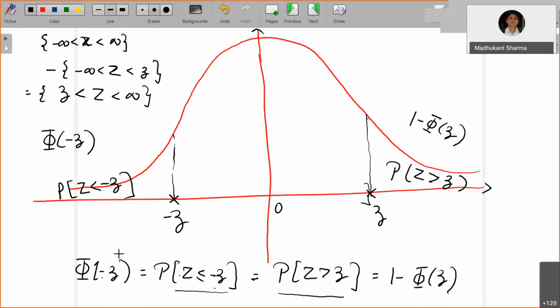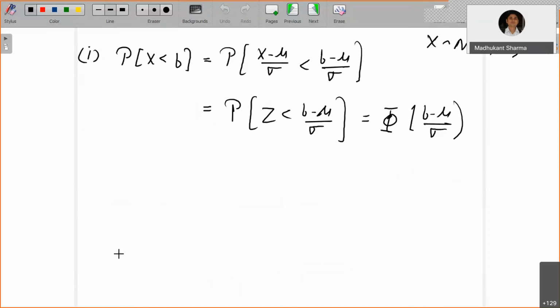With this, suppose you are interested in finding the probability of X less than b, where X follows a normal distribution with mean mu and variance sigma square.